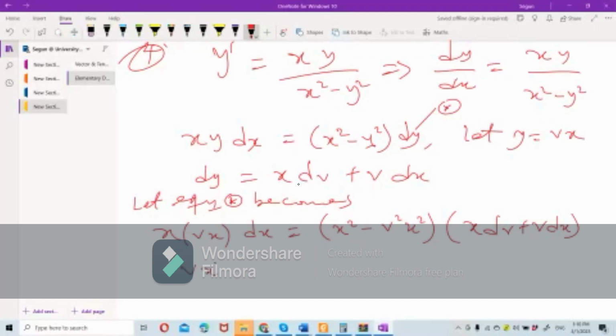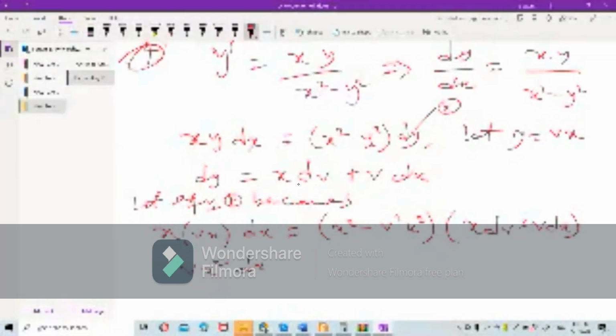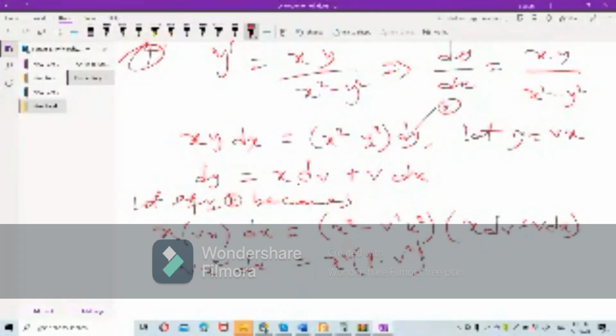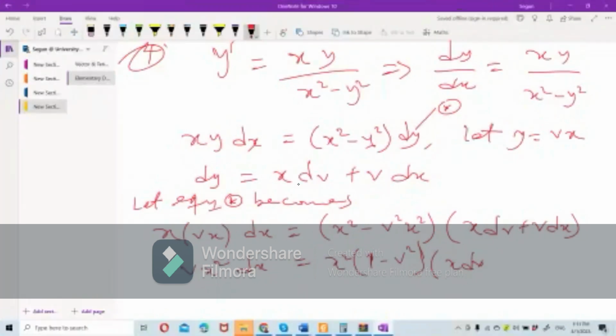So you have vx squared dx equals, we can open this one, x squared is common, you have 1 minus v squared, in this case now you have x dv plus v dx. Who can tell us what to do now?